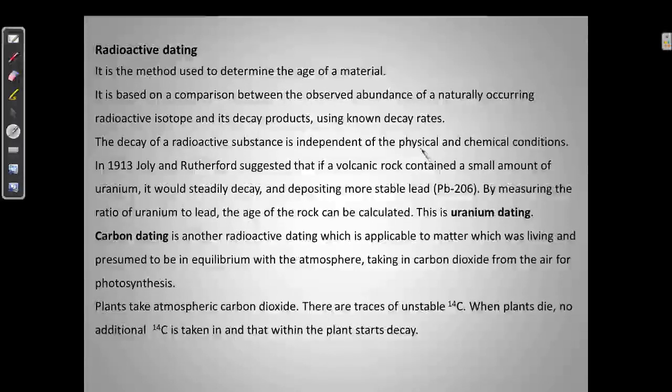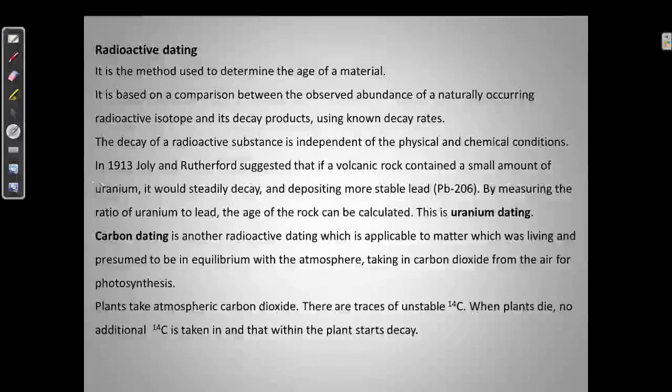So in 1913, Joly and Rutherford suggested that if a volcanic rock, which is the condensed form of lava, contains a small amount of uranium, and you know that uranium is a radioactive isotope, it would steadily decay, depositing more stable lead.